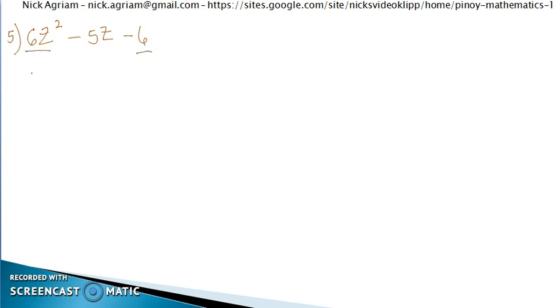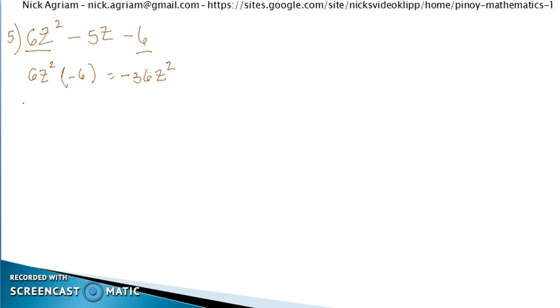Then we have 6 zeta squared multiplied by negative 6, and we have negative 36 zeta squared. Then we have to factor this one. We will find factors of 36.